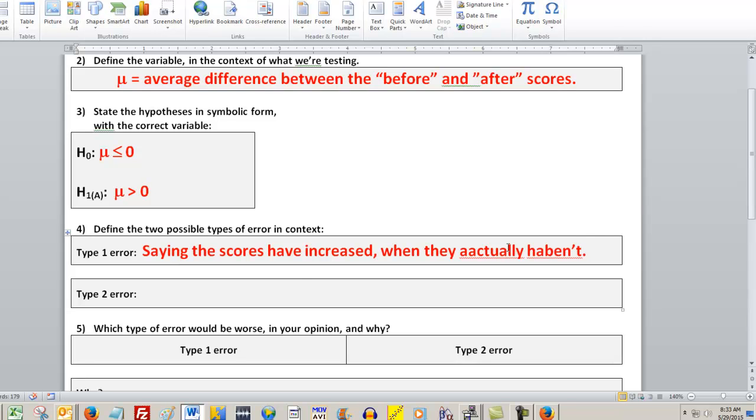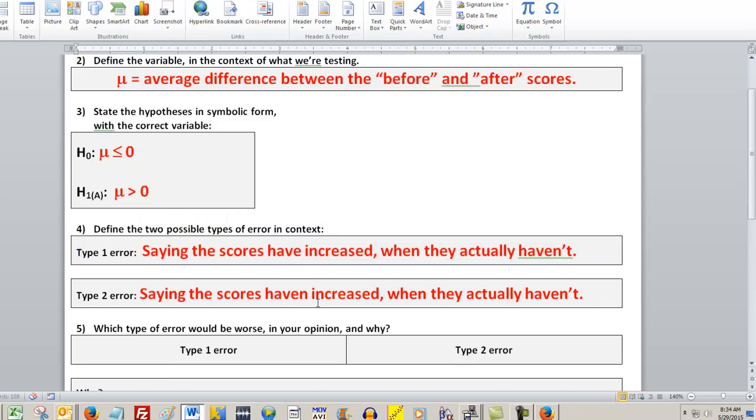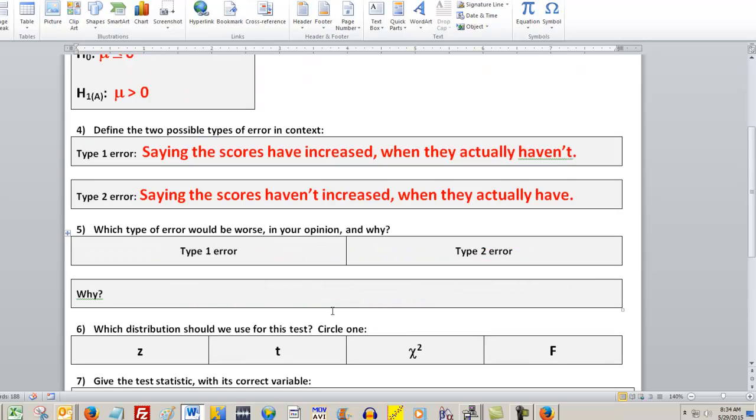The false negative would be saying the scores haven't increased when they actually have. Your choice completely on which one of these is worse. I leave it up to you. I can see reasons for both.